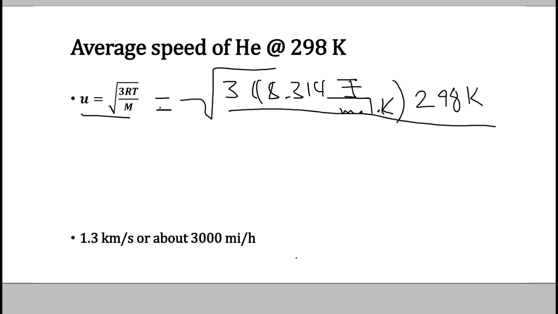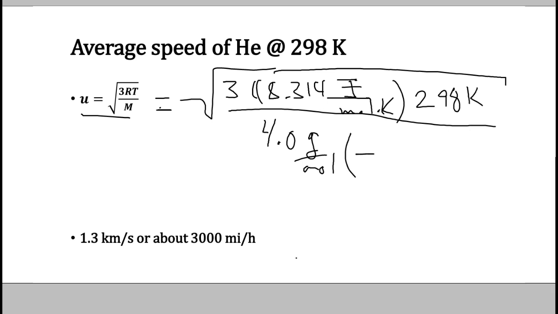All right, well, what is the molecular weight of helium? It's 4.0 grams per mole. Okay, well, we need to convert that to kilograms, so go ahead and divide that by 1,000.